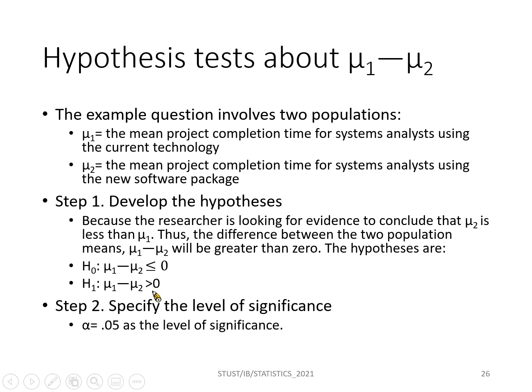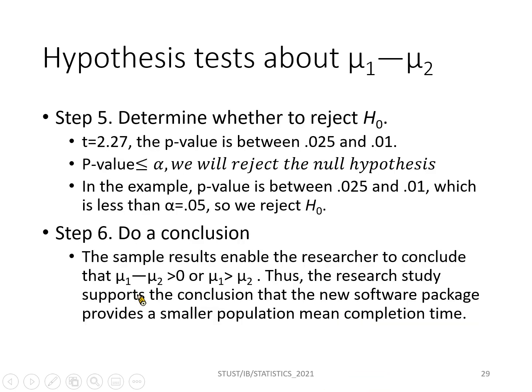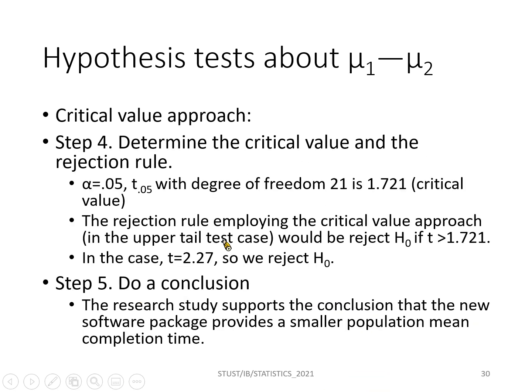Your t-value is 2.27, which is larger than that specific t-value, so we reject the null hypothesis. Your conclusion is that the study supports the conclusion that the new software package provides a smaller population mean completion time.